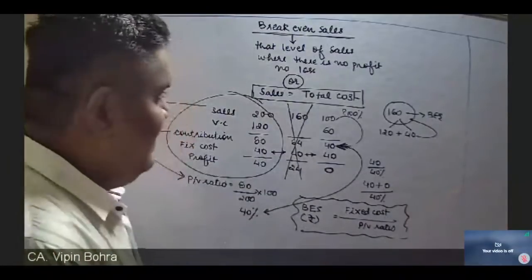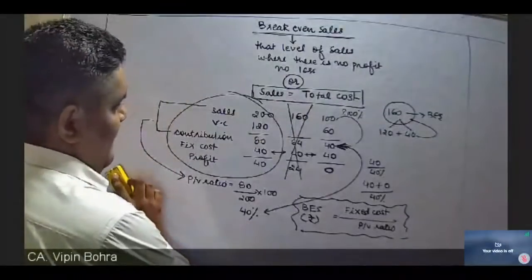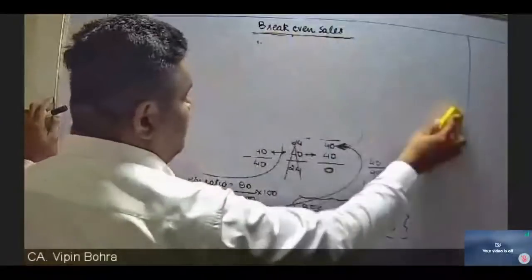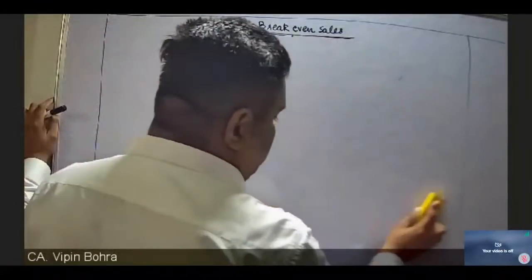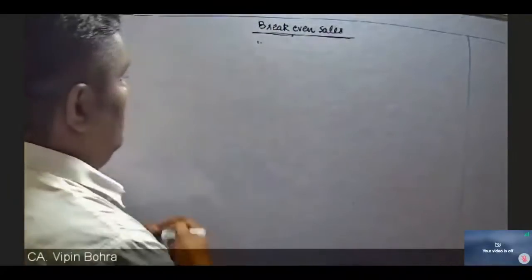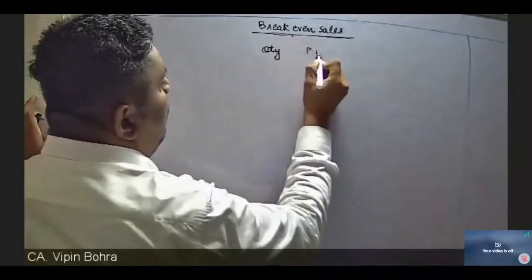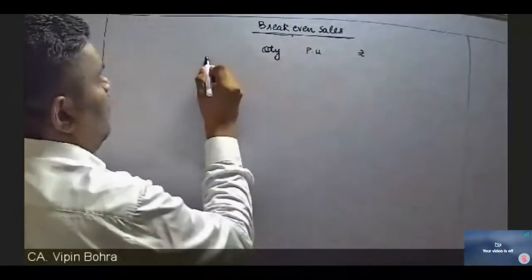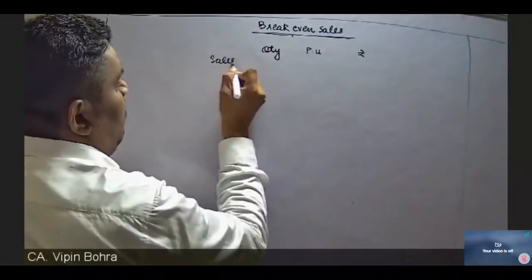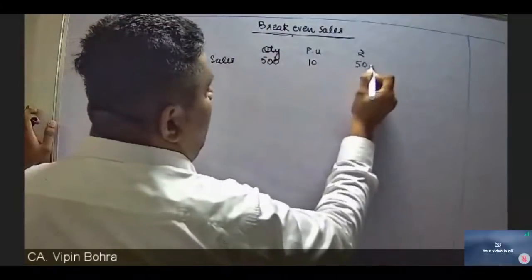Now, let's discuss break-even sales with the help of one more example. 500 into 10, 5,000.